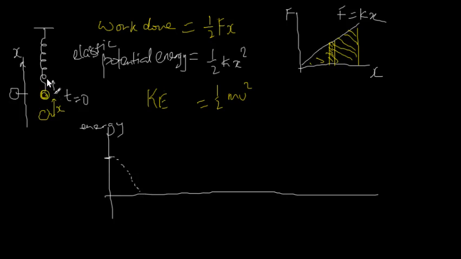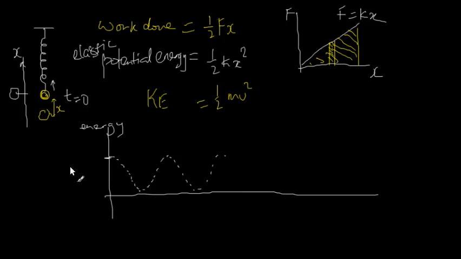But as it overshoots its rest position and starts compressing the spring again, it should go up again to a maximum where it stops, and then the spring pushes the ball back down, converts the PE to KE, so the PE decreases again. So it keeps doing this.